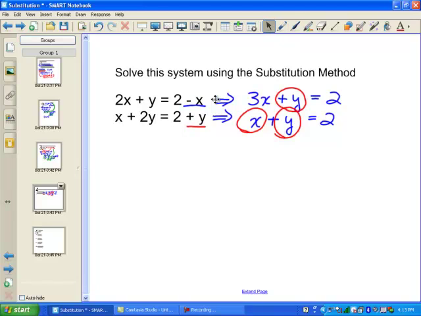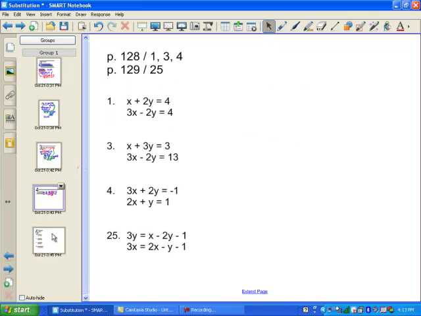Okay? So I want you to solve that one and bring it into class with you, as well as 4 more equations, and I'm going to put them up on the board here now. They're out of your textbook, but I did tell you you wouldn't have to take your textbook home with you this weekend. So here are the 4 equations that I'd like you to try to solve by using the substitution method.